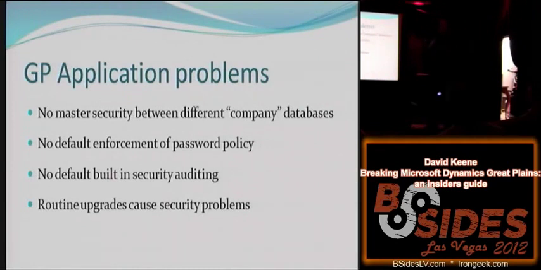So if you ran an upgrade path and went from version 9 to 10, now you have no security. It fails open instead of closed. So if you just went through and routinely did this update yourself, you left your security wide open.